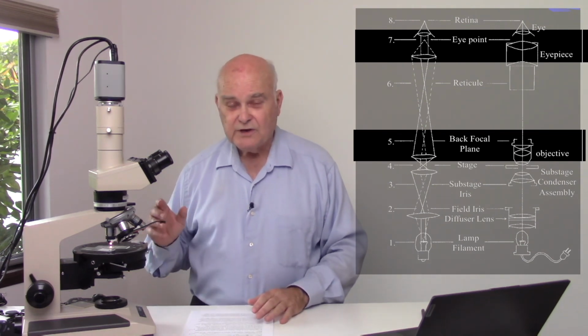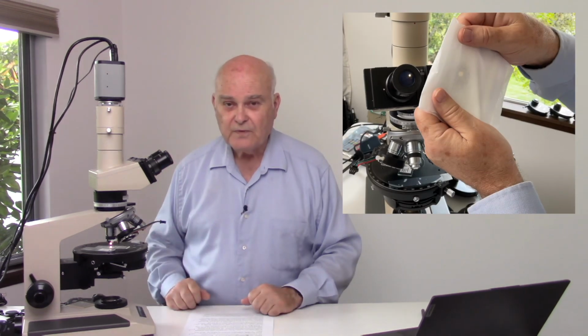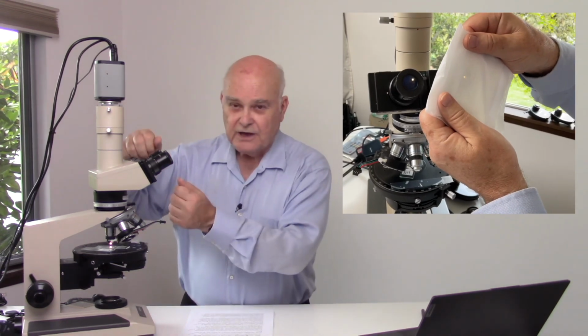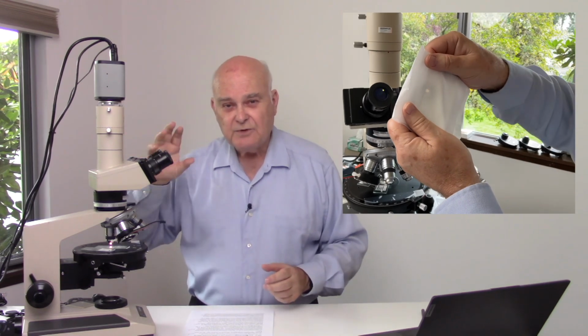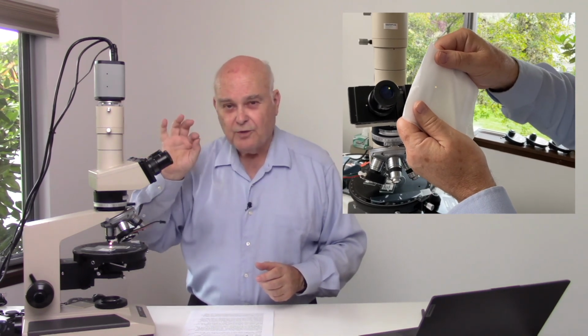Now, the eye point of the microscope, if you take a piece of tissue and you set it on the eyepiece and draw it back slowly, you'll see that image sharpen to a bright point. That point is the eye point. That's where the lens of our eye is located when we're looking through the microscope with everything in focus. So that is already set.